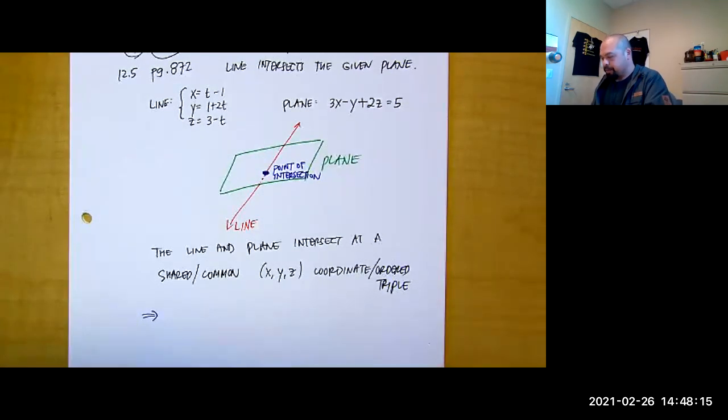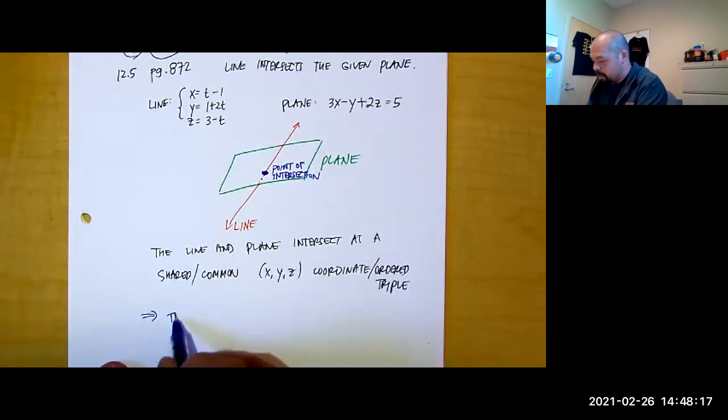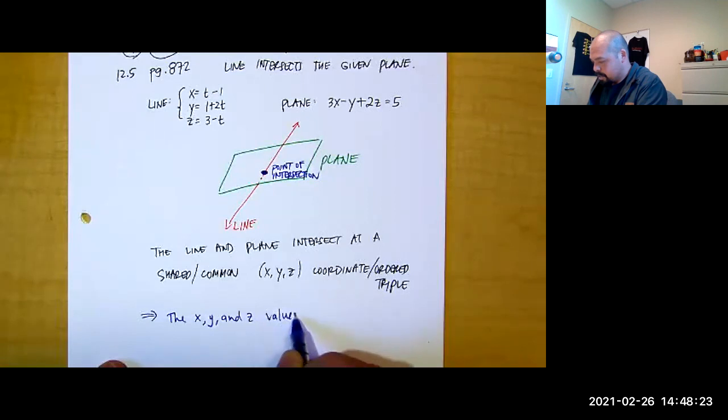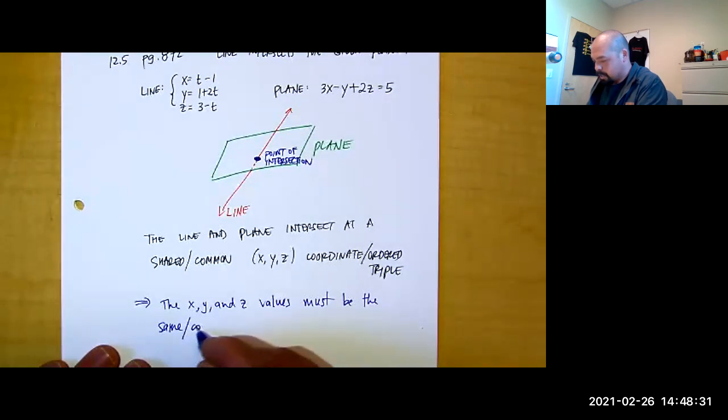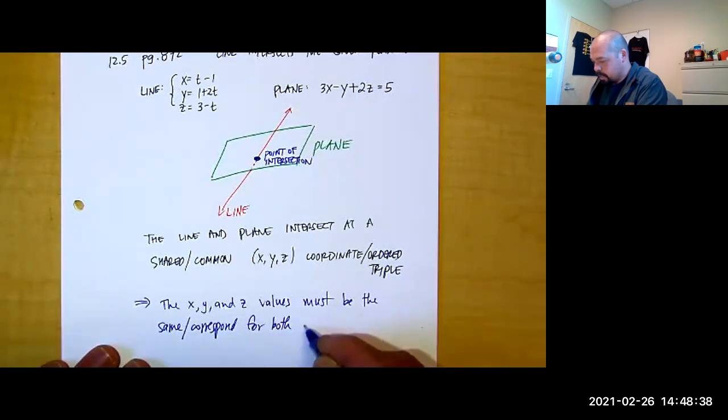This idea that the x, y, and z values must be the same, must correspond for both line and plane.